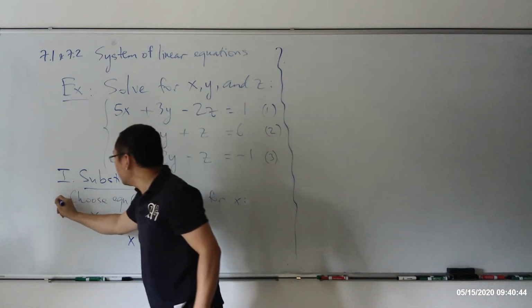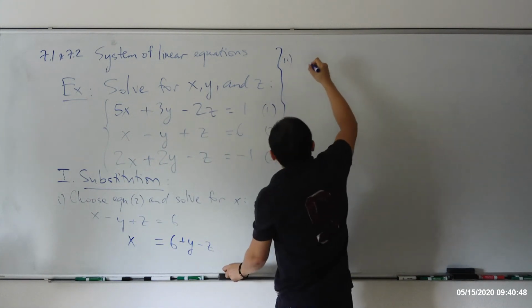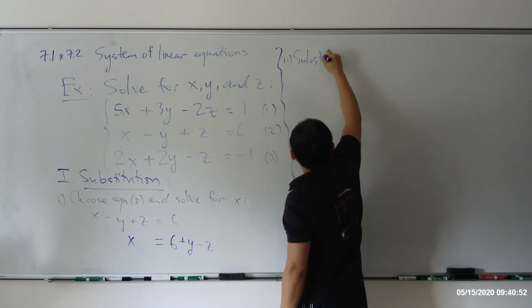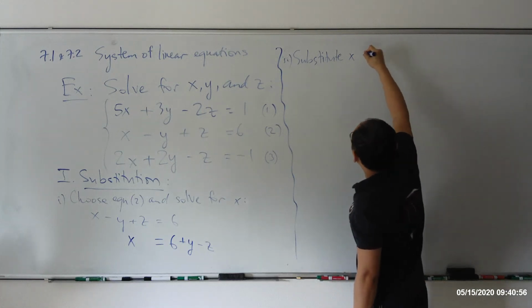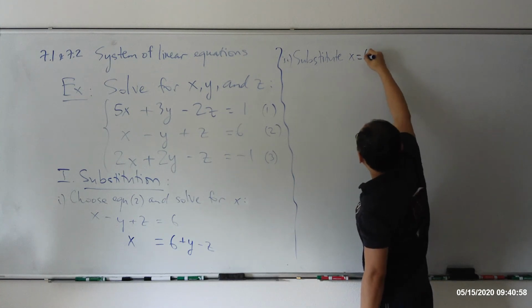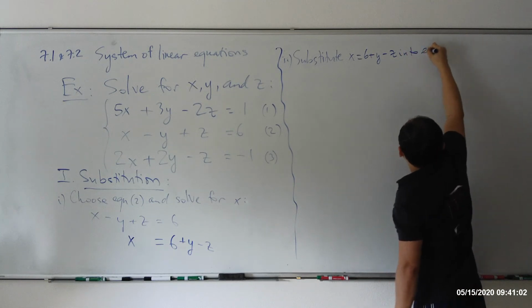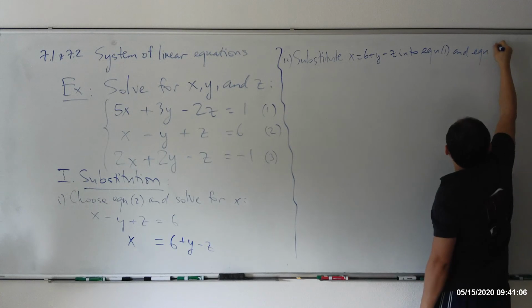This is our first step right here. Second step: substitute x by 6 plus y minus z into equation 1 and equation 3.